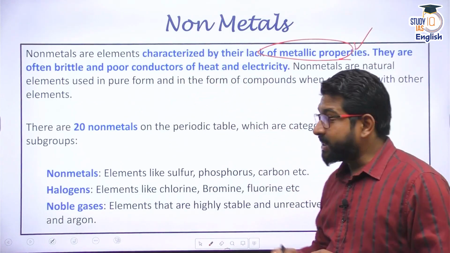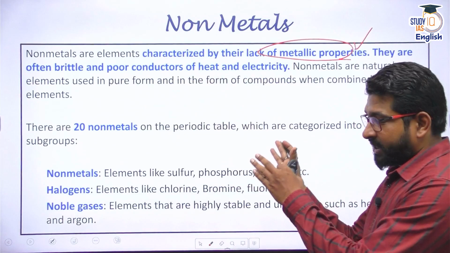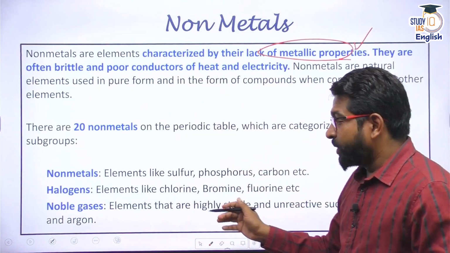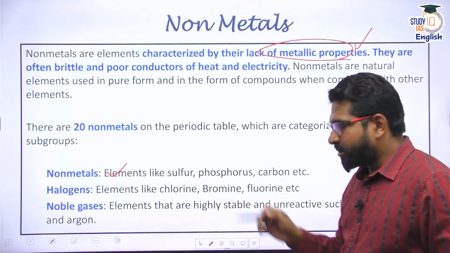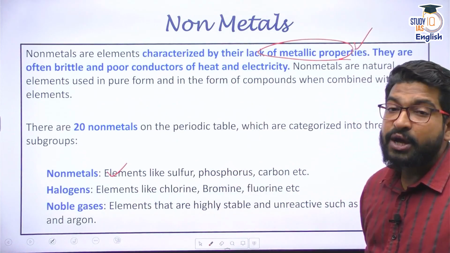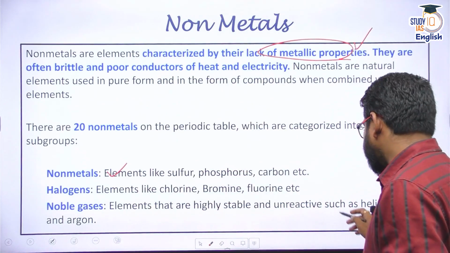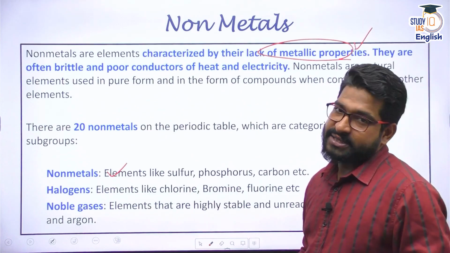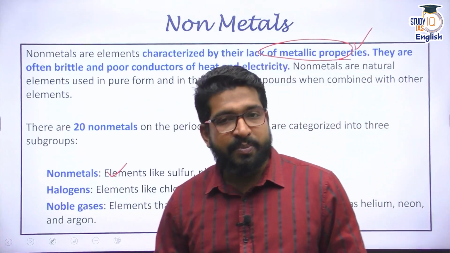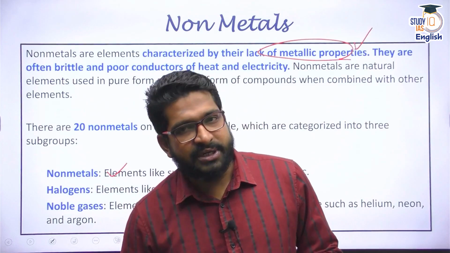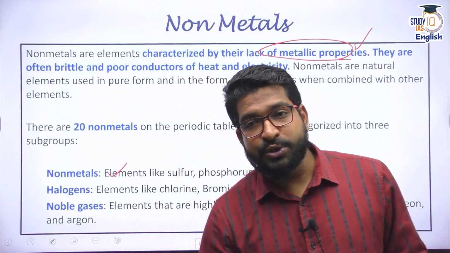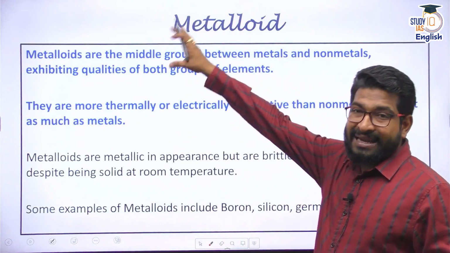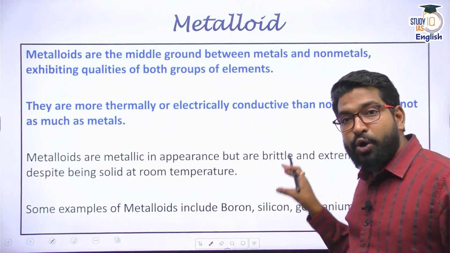We also discussed that non-metals, generally we categorize them into three categories. Non-metals like elements like sulfur, phosphorus, carbon, halogen, chlorine, bromine, fluorine, etc., and noble gases. Noble gases, that is helium, neon, argon, etc. There are about 20 non-metals that we find in our periodic table. Apart from these two, metals and non-metals, just for your information, we also have few elements that are characterized as metalloids.